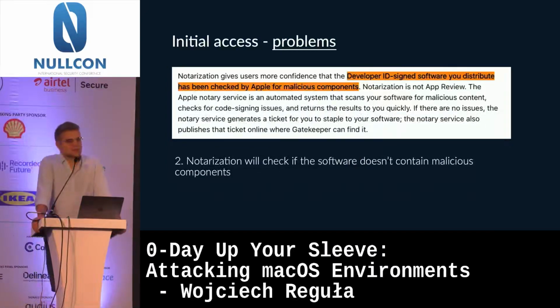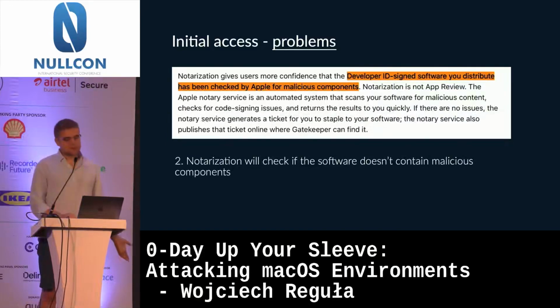Notarization requires developers to have a Developer ID, the paid one, to distribute their application. But before they can distribute their applications, they have to upload them to Apple. The application has to meet some security requirements, and it's verified against malicious code.